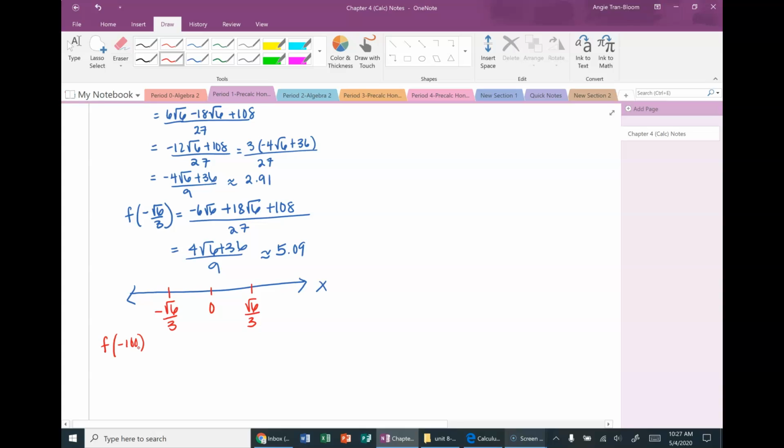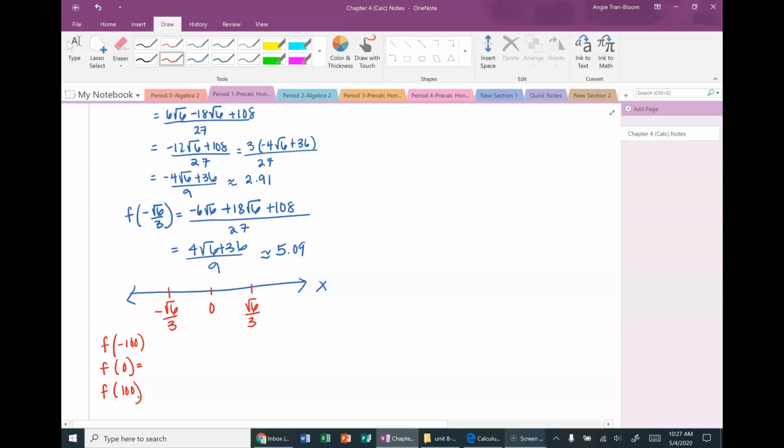That's all I'm doing. I don't really need to know the exact value. And since I plug in 0, I'm just going to find the y value of that as well. And then I'm going to plug in a value all the way to the right side of rad 6 all over 3.